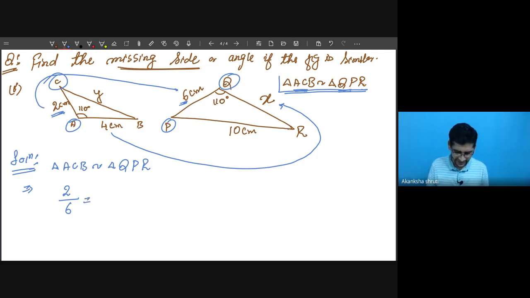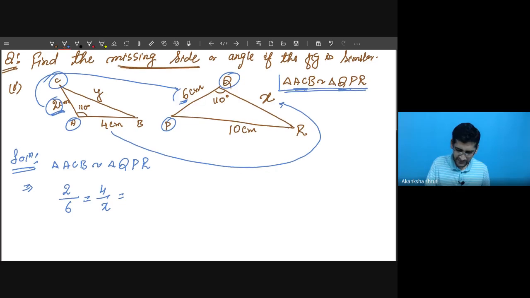So matching with the other one is 4/x, and the third one is, student, here I have taken the 2 first, 6 in denominator, then 4 in numerator, then 10 in denominator. So this order needs to be maintained. If you are not maintaining this order, it may go wrong. This order has to be kept in mind very carefully.